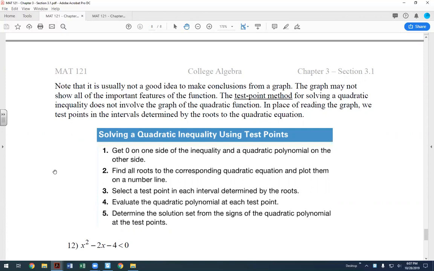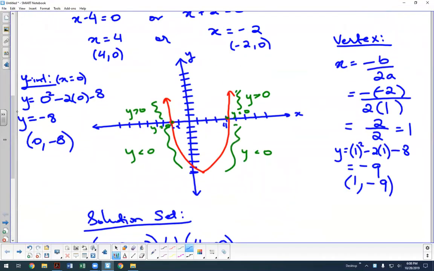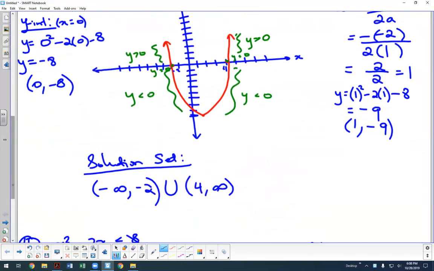Then depending on where we have a positive or a negative, we can determine what the solution of our function is going to be, or in this case, our inequality. So just to show you what that would look like, let's say this was the example that we did using the test point method. With the test point method, we would have still found our roots.